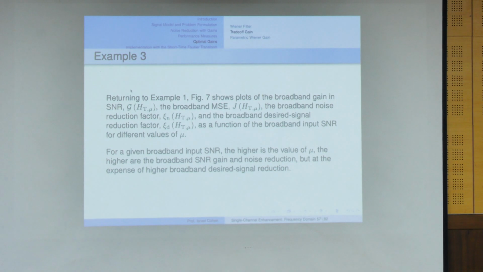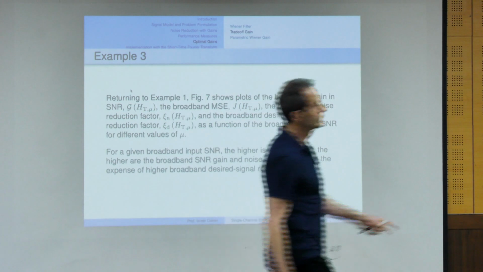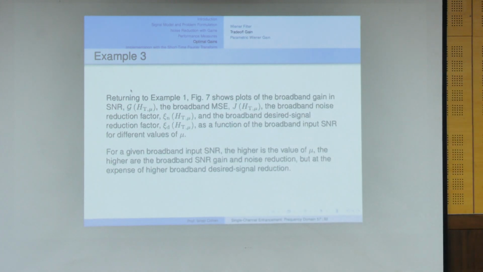So let's see another example. Let's go to the first example that we saw at the beginning, with the spectrum of the signal, this one, and the spectrum of the noise, like this. So suppose that we have this example, which we called example number 1.